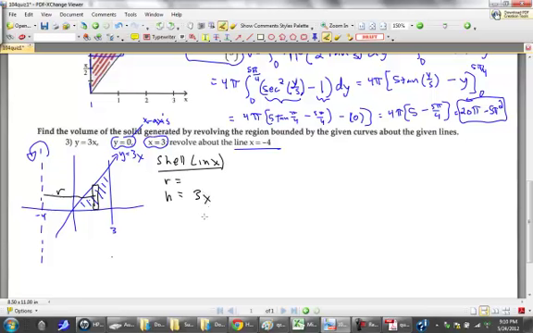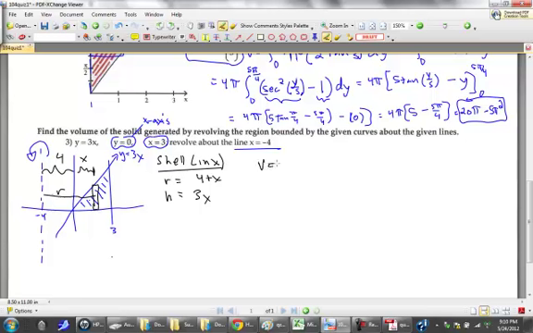The radius is the distance to the y-axis, which is always going to be 4, plus the distance off of the y-axis, which is always called x. And so 4 plus x will be the radius.